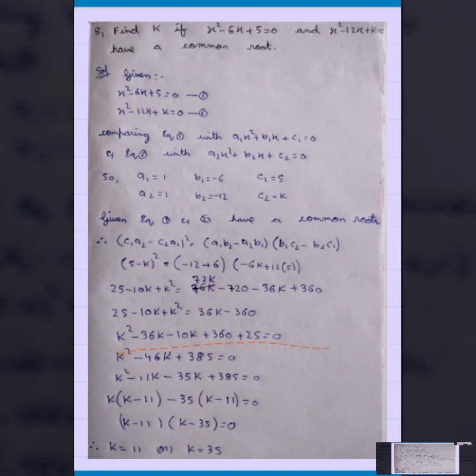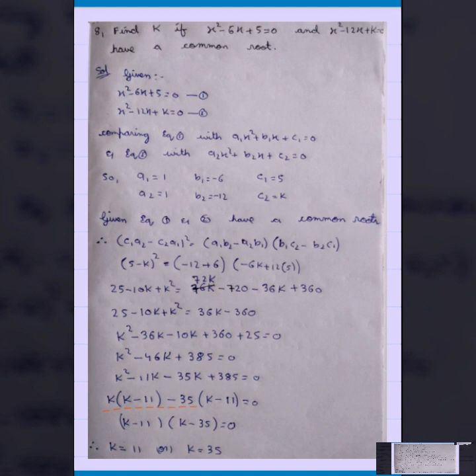If we bring 36k and minus 360 towards the left side, then we get k square minus 36k minus 10k plus 360 plus 25 equal to 0. If we add, then we get k square minus 46k plus 385 is equal to 0. If we factorize, we get k square minus 11k minus 35k plus 385 equal to 0.